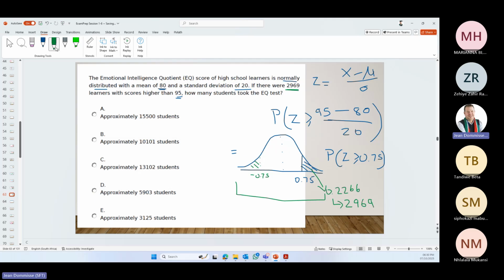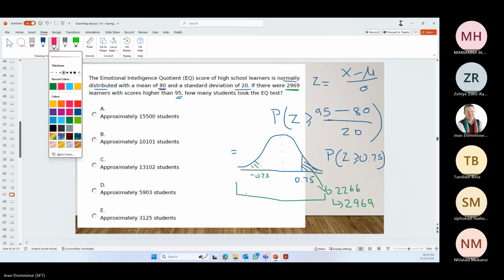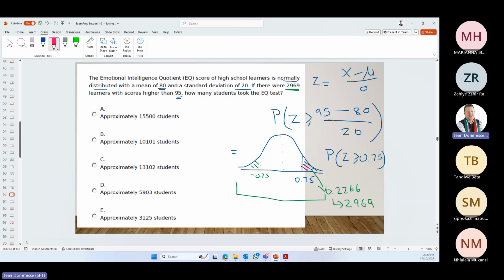Okay, so if this is 2,969, we want to know how many students are in the whole group. Okay, so the easiest way to work that out, again, I'm just going to show two things.